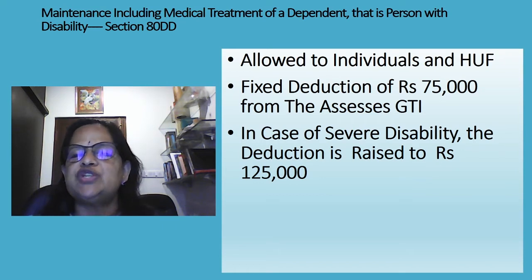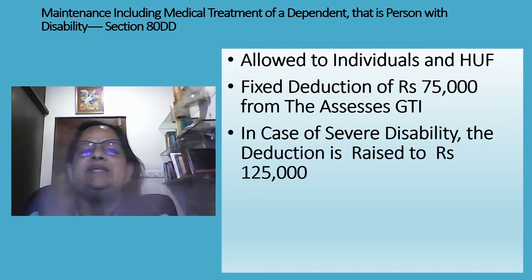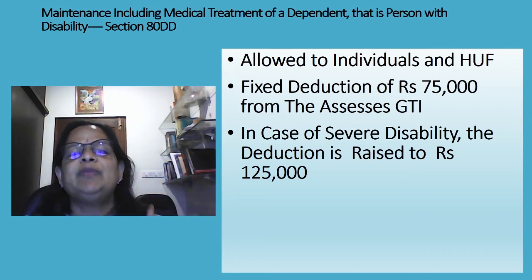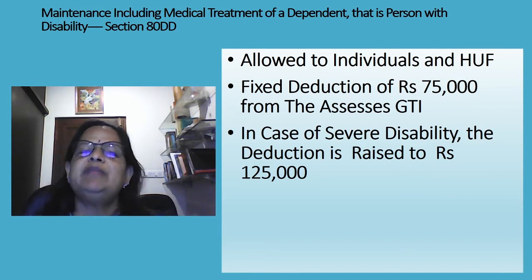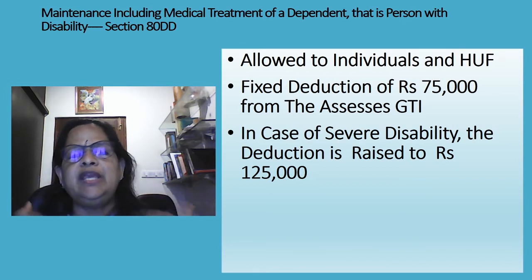Now, the first deduction is 75,000 from the gross total income. In case of severe disability, the deduction is raised to rupees 1,25,000. Please remember how you will decide between normal disability and severe disability. Some people, you have seen, with severe disability cannot live on their own without support from family members, parents or anybody taking care of them. They cannot walk on their own.